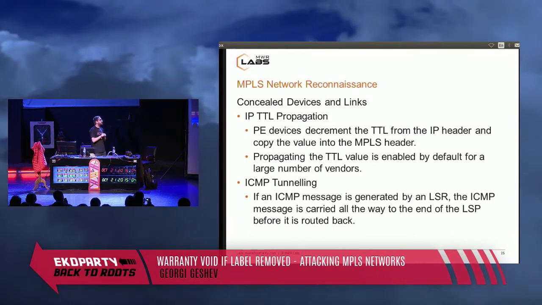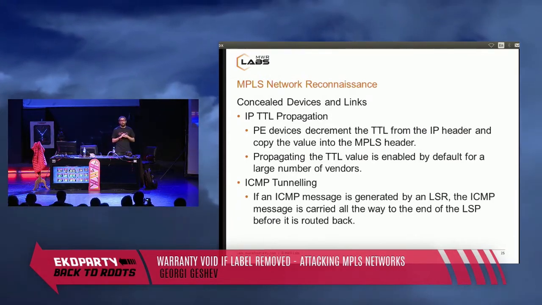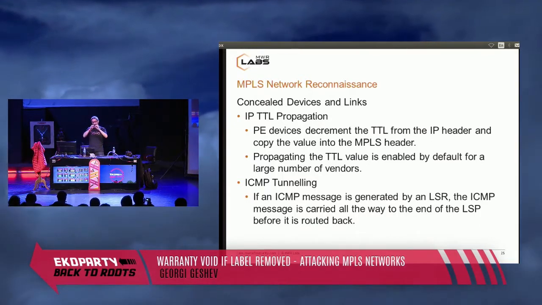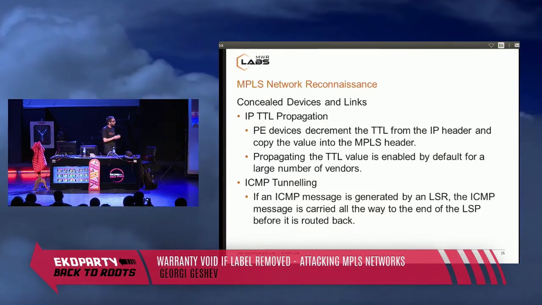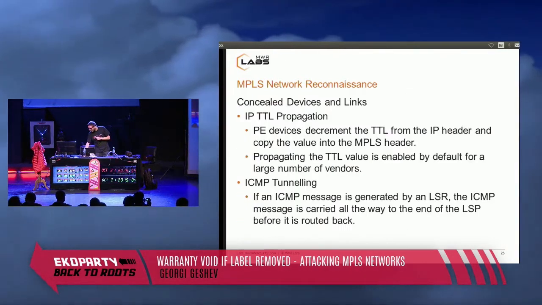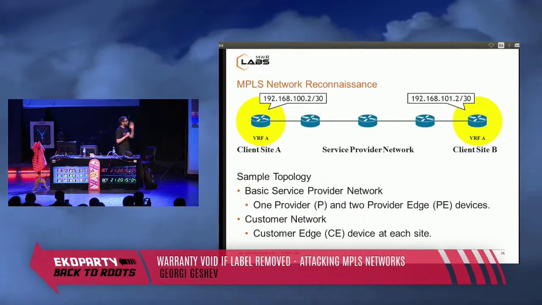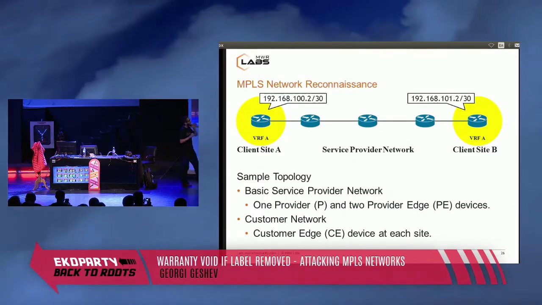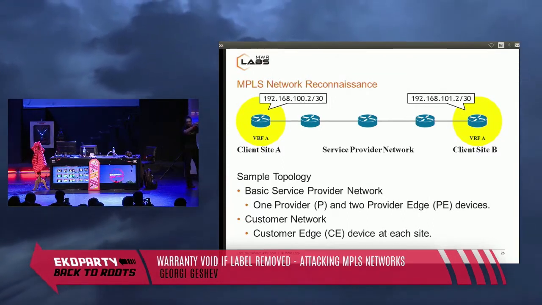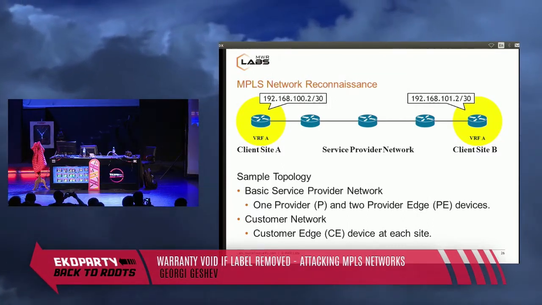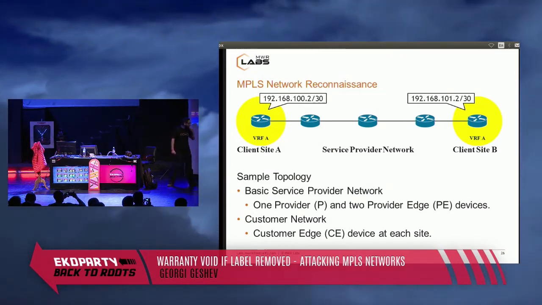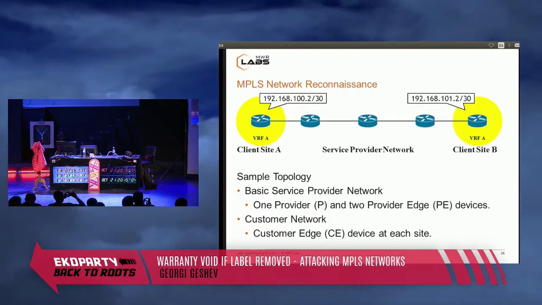ICMP tunneling is another mechanism related to how ICMP error messages are handled within the MPLS domain. Imagine from client side A, I send ICMP echo requests to the far end of the VRF, client side B, and IP TTL propagation is enabled.